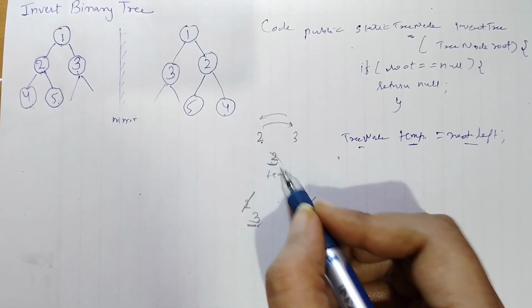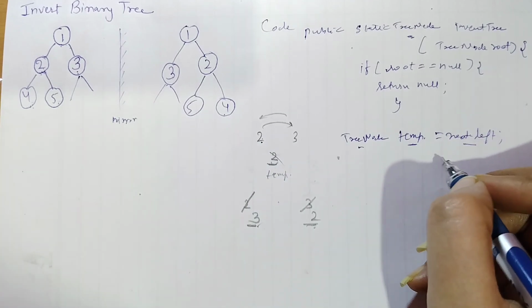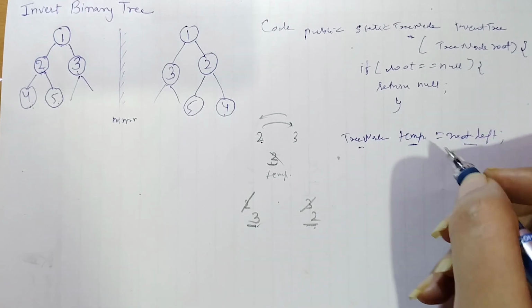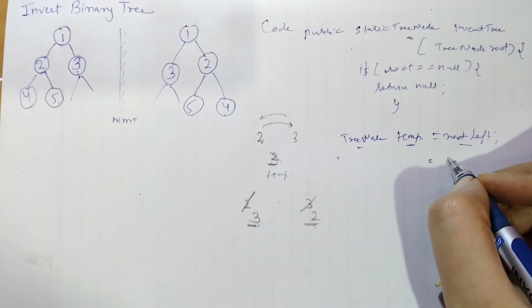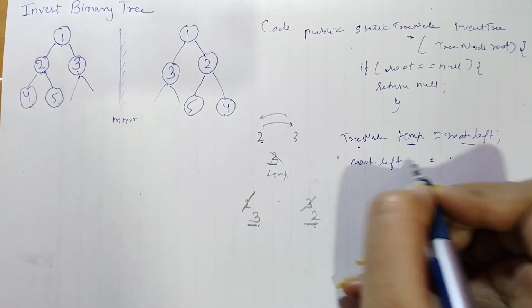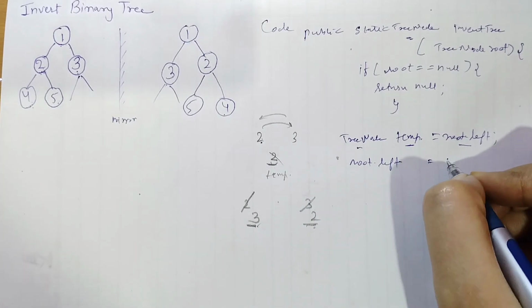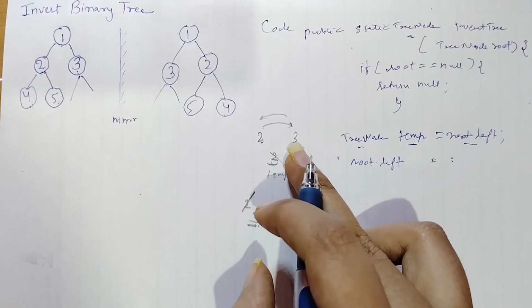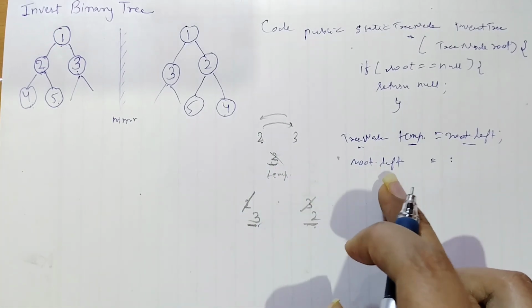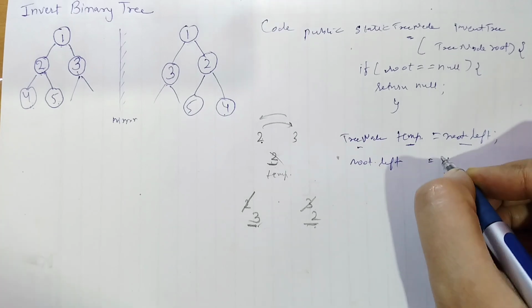Now the next thing: the 2 place is now empty. So we have our empty place, root.left. This is empty now. So now root.right will come at the 2 place, means at the root.left place. So we are writing this only.